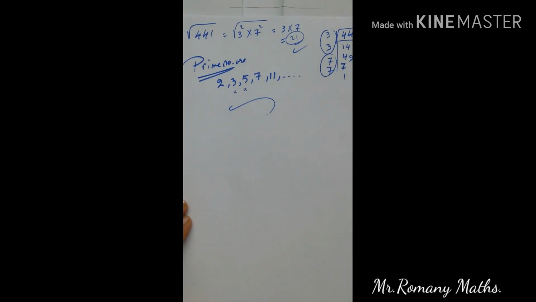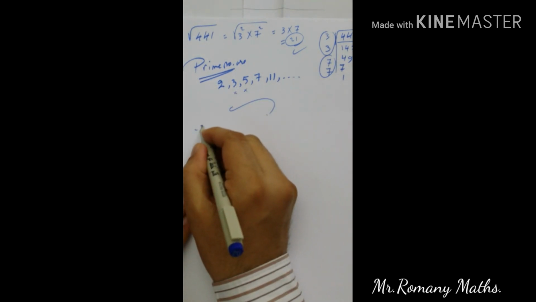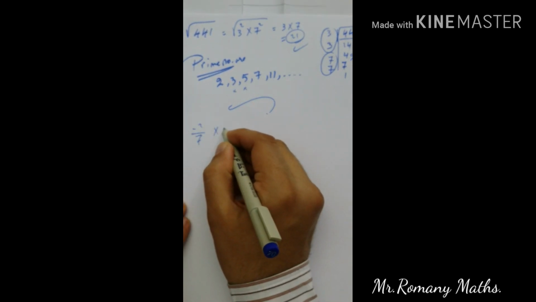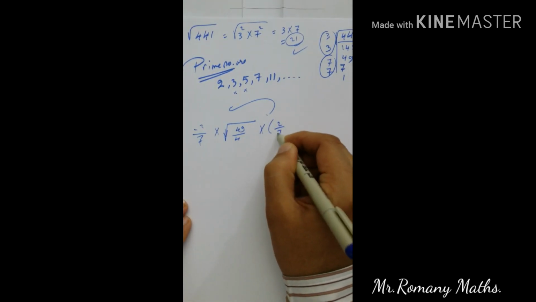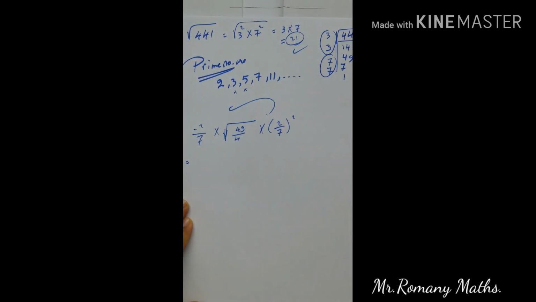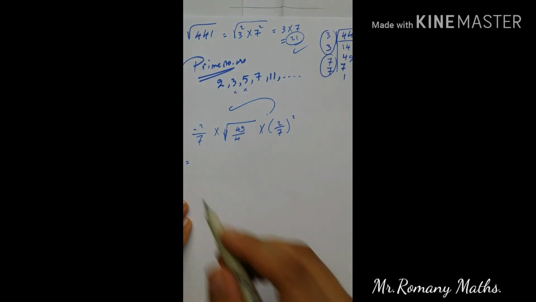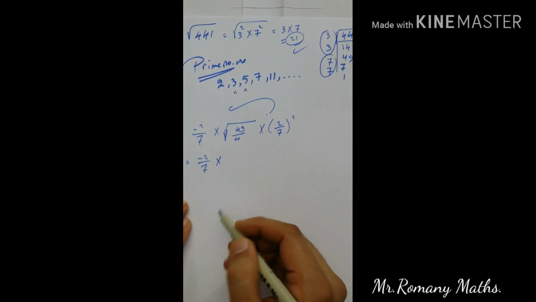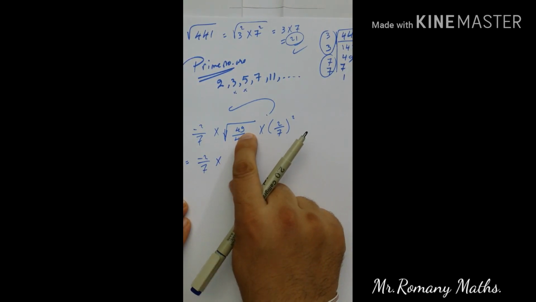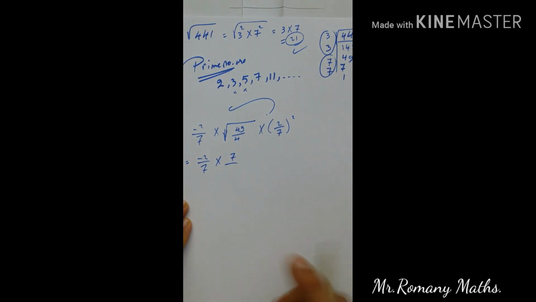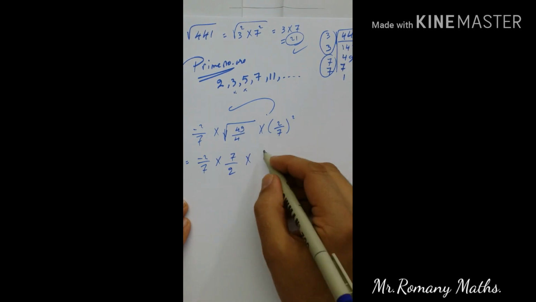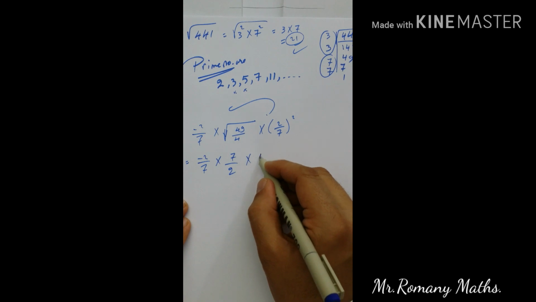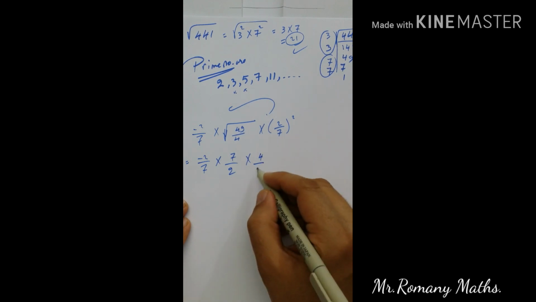Excellent. I have 2 more examples. Negative 2 over 7 multiplied by square root of 49 over 4, multiplied by 2 over 7, all squared. Concentrate please. Here, negative 2 over 7 times square root of 49 over square root of 4. 7 times 7 equals 49.